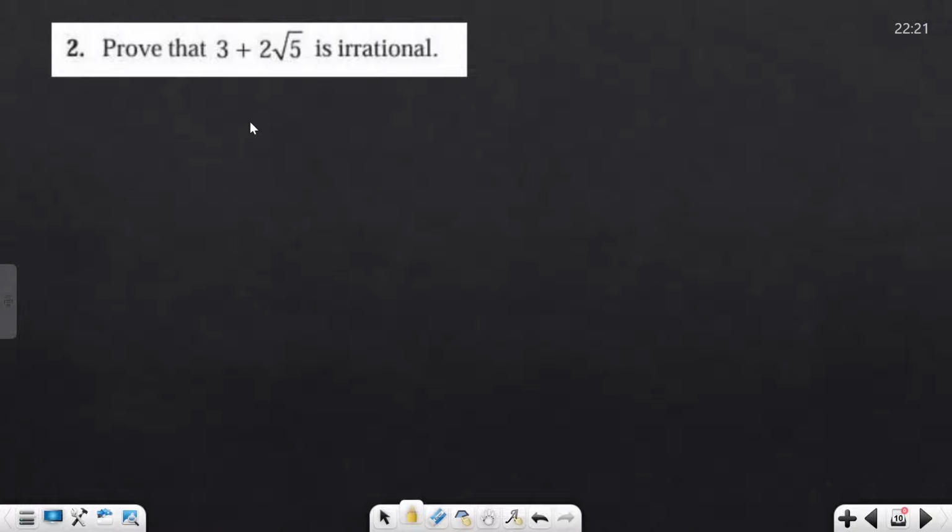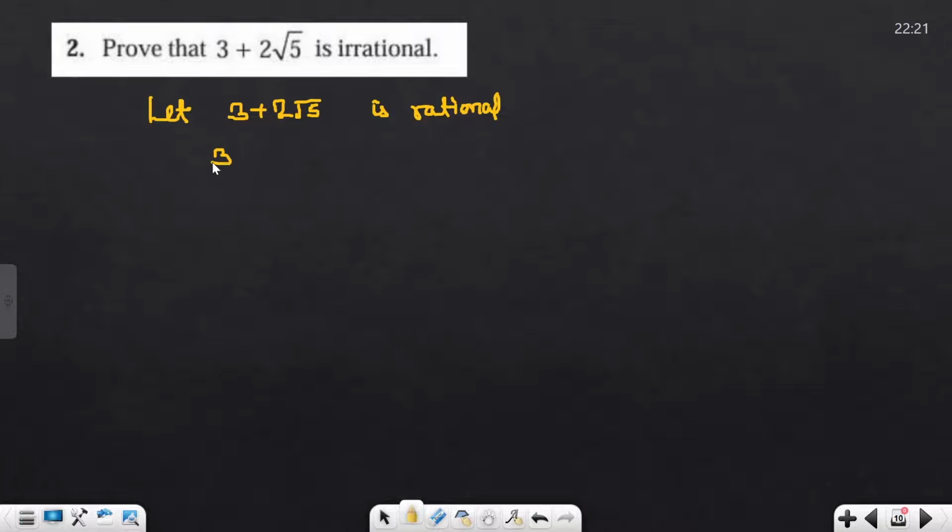How do you solve this question? Okay, the last line is the same as the previous one. What is the first step? Let 3 plus 2 root 5 be rational.